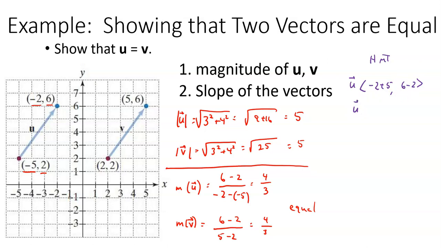And so if I brought it back to the origin, vector u would be 3, 4. All right, how about vector v? Do 5 minus 2, that's the difference of the x's. Do 6 minus 2, that's the difference of the y's. That gives me 3, 4. Look, they're the same vector, right? If I bring them back to the origin, they're the vector 3, 4 for both of them, so the two vectors are equal to each other.